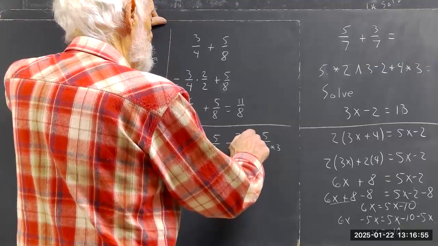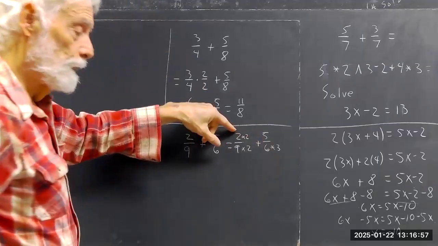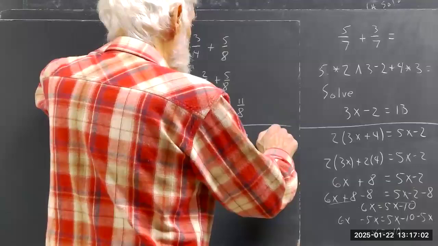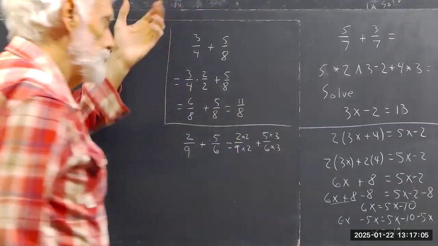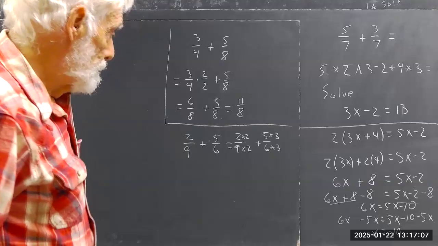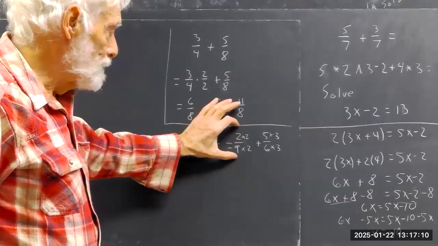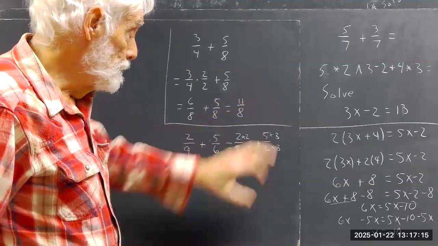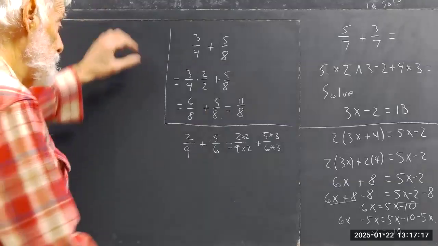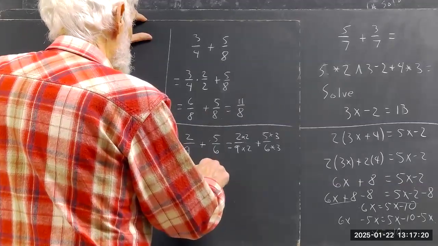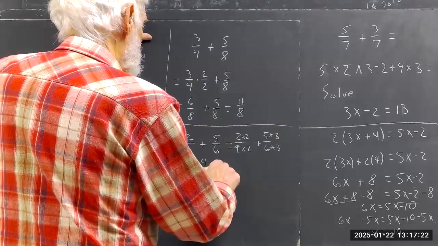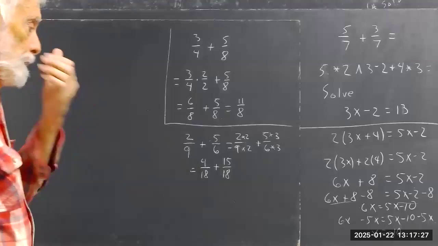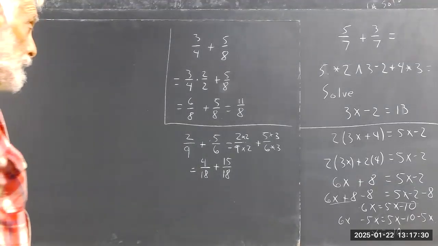Multiply 9 by 2, I've got to multiply the numerator by 2, right? If I multiply this denominator by 3, I've got to multiply the numerator by 3, because we can see that this is still going to reduce to 2/9. And this will reduce to 5/6. So I've got 4/18 plus 15/18. And now I can add these guys.